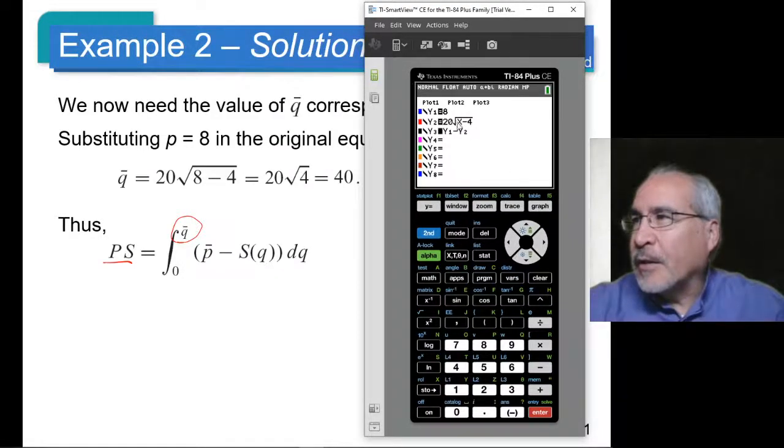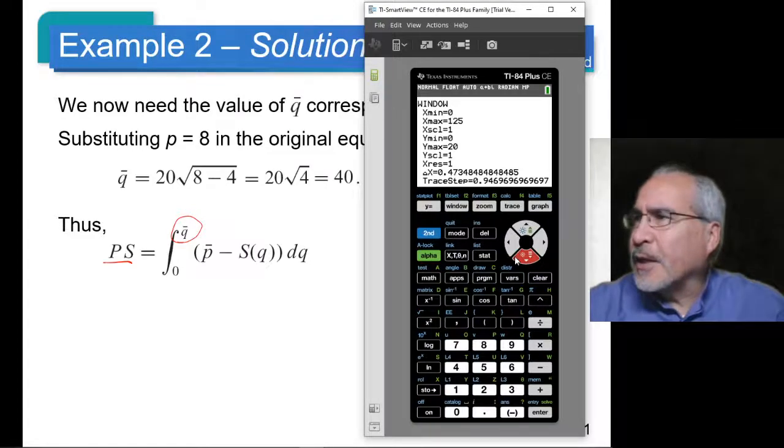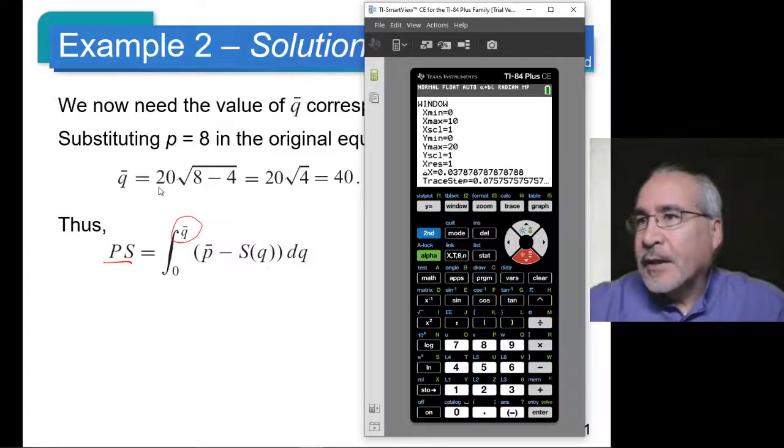Let's see, what are we doing? We're going from about 8. It's going to be the higher. So our window, we don't have to go to 125. I'm not sure why we were doing that, but about 0 to 10 should do it. And our y values, oh wait, price is our y value.